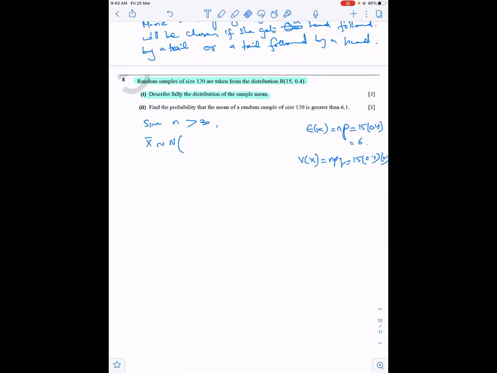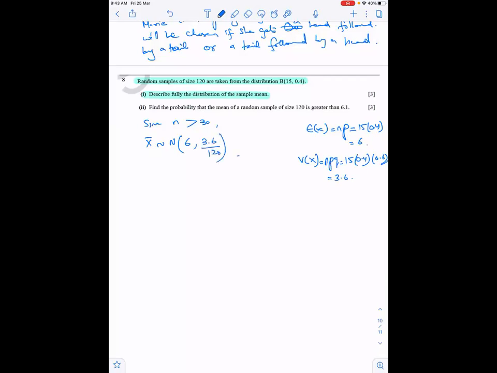One minute. Variance of x is npq, which is 15 times 0.4 times 0.6, which is 3.6. So it has a mean of 6 and the variance is 3.6 divided by the sample size.